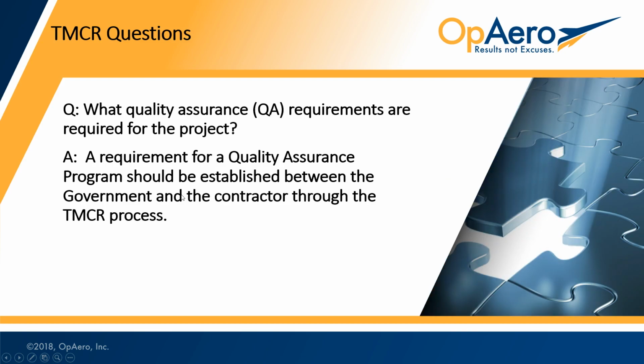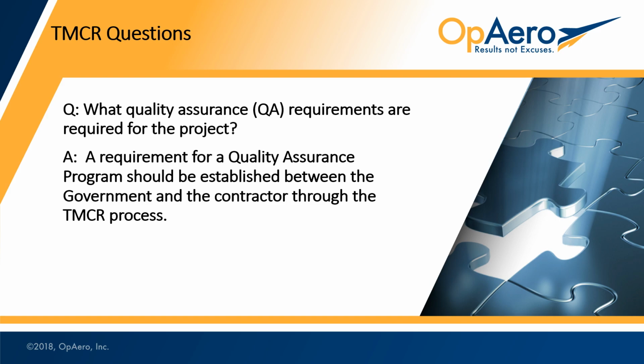All right. So what quality assurance requirements are required for the project? A requirement for QA should be established between the government and the contractor through the TMCR process. You need to have a QA program defined in your TMCR, and usually there's either a DoD adopted program or an ISO 9000 series kind of quality management system that's implemented by the contractor.